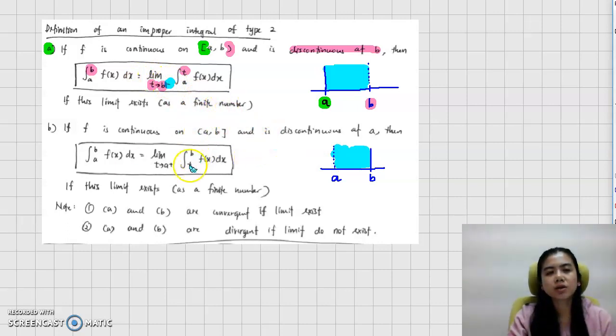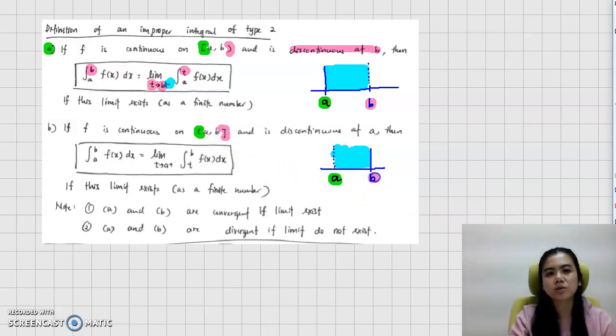Okay, so let's look at the second type that you will see here. Now we have another case, where you have a function f which is also continuous from a to b, but a is excluded, just like in these pictures, and b is included.